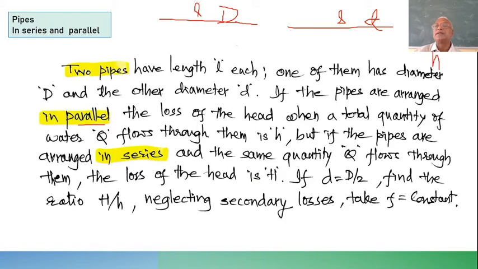If they are arranged in series, that is one in front of the other, and the same quantity Q flows through them, the loss of head is capital H. So H is the head loss when they are arranged in series, and when they are arranged in parallel, the head loss is h. And this D is equal to d by 2. There is a relation. Now find the ratio of H by h. Neglecting secondary losses, take f equal to a constant in both the cases. We'll see.